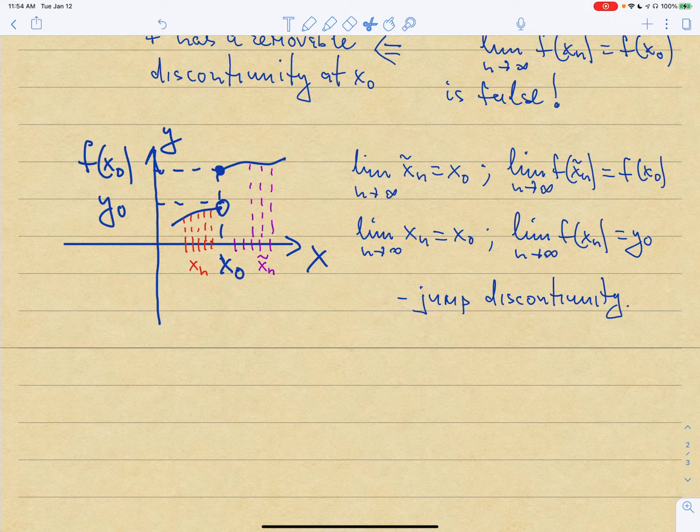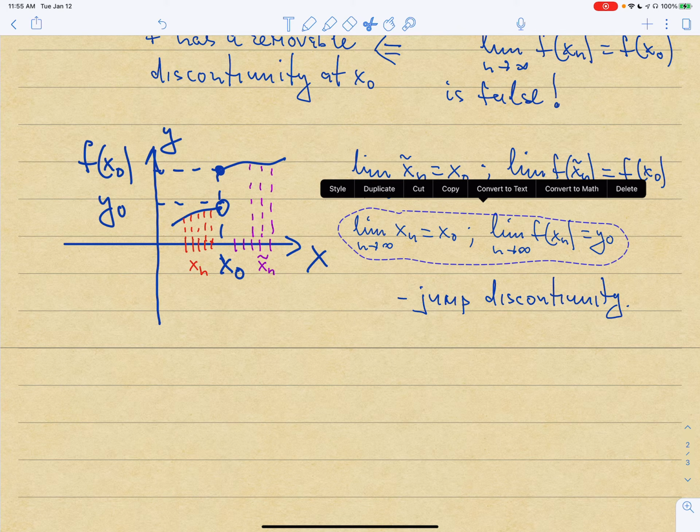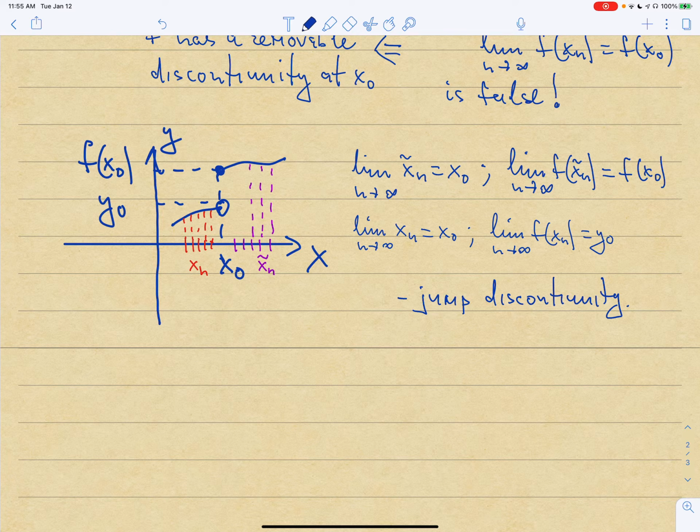The limit of that sequence does not exist at all. So just one more thing: you have a jump discontinuity because y0 is not equal to f of x0.